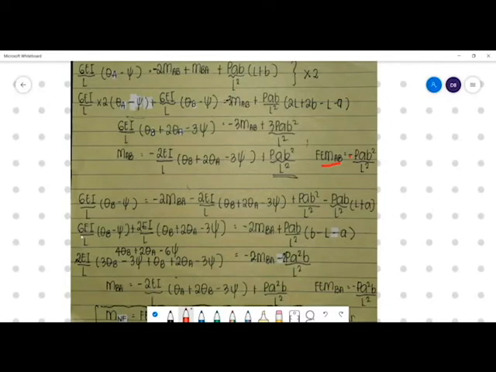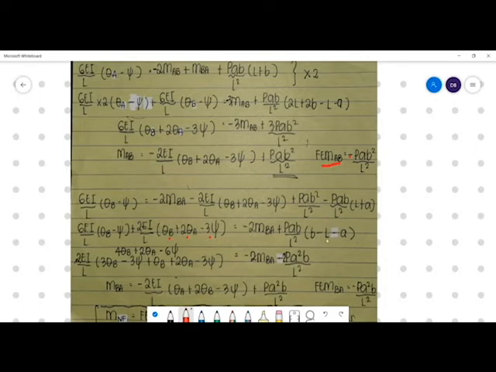And then we simplify it again. Now 6EI over L times theta B minus psi plus 2EI over L times theta B plus 2 theta A minus 3 psi is equal to negative 2 MBA plus PAB over L squared times B minus L minus A.